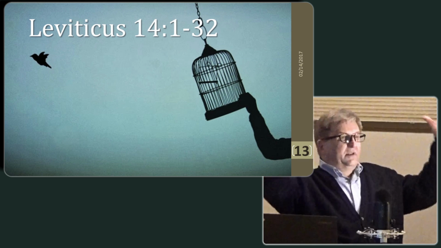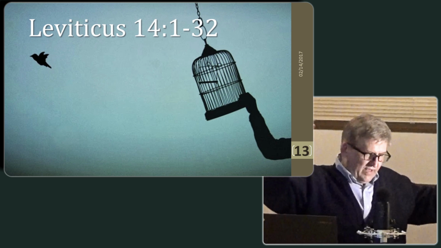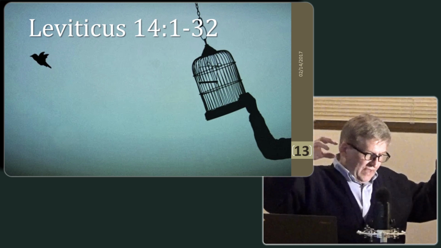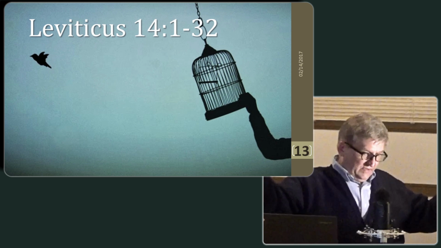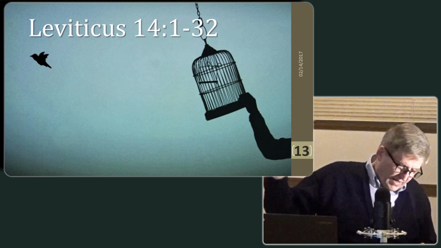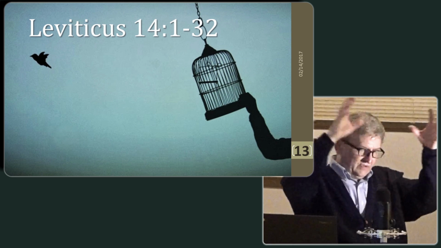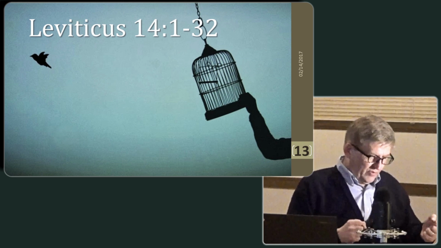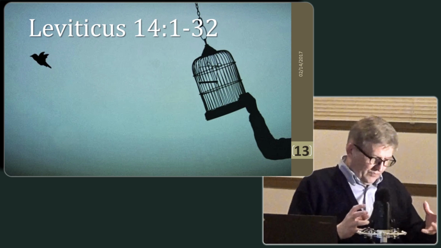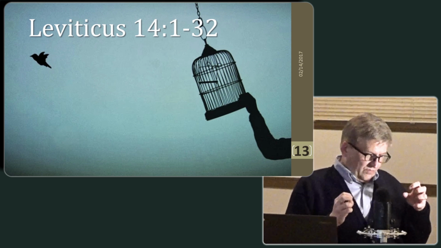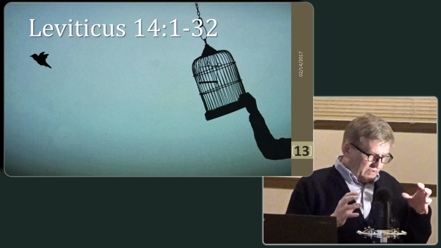All of chapters 13 and 14, as I've been saying, are described as the law for leprous disease of every kind. The first 32 verses of chapter 14 here are described as the part of this larger law which applies to people, and it applies to people on the day of their cleansing.